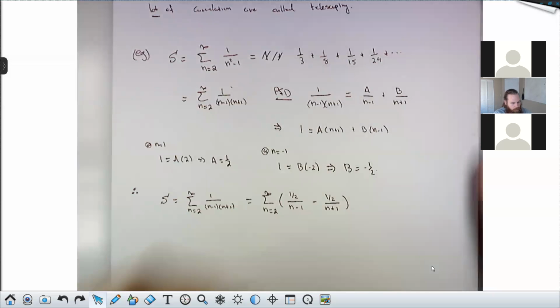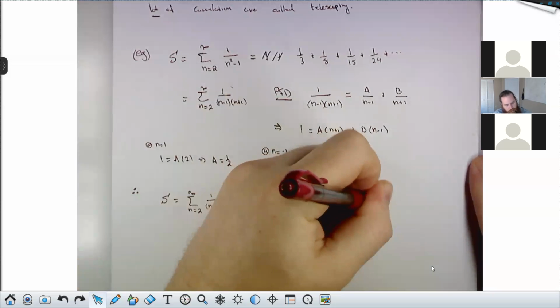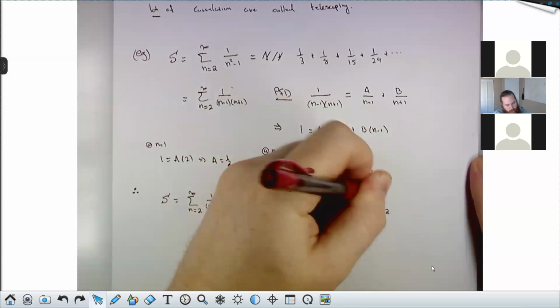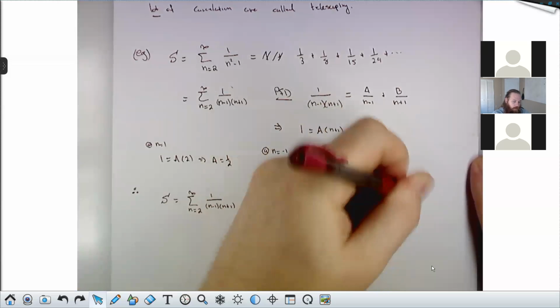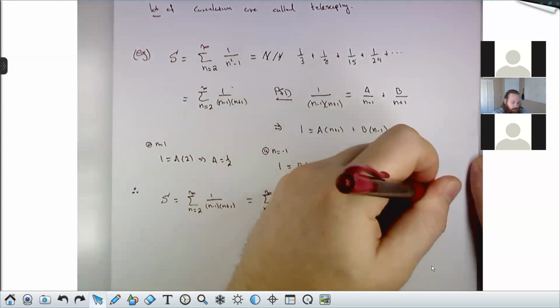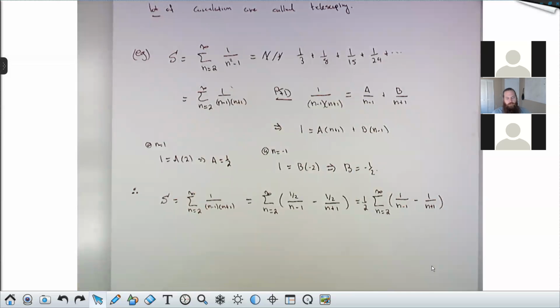And you can factor out the 1/2. And you get sum from n equals 2 to infinity, 1 over n minus 1 minus 1 over n plus 1. The fact that constants pop out of series follows because the algebra rules for the sigma operator are exactly the same as the algebra rules for the integral operator. So splitting up over addition, subtraction, popping out constants, all of those things work just like they do for integrals.